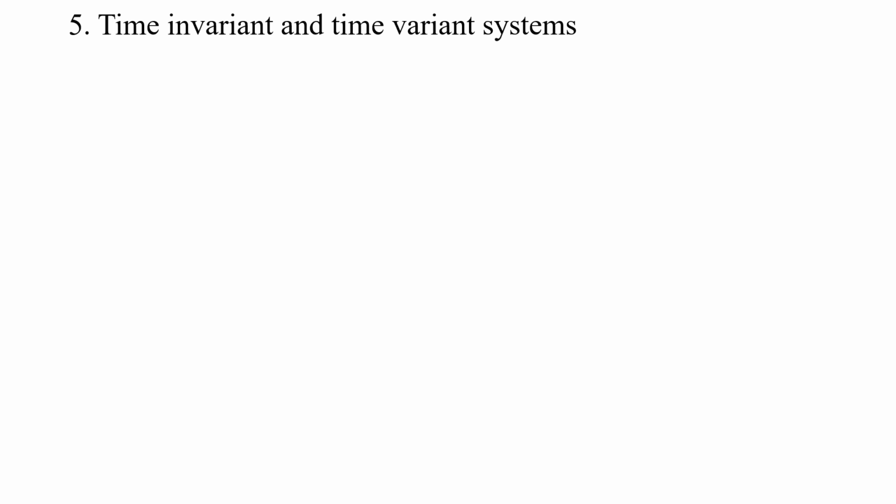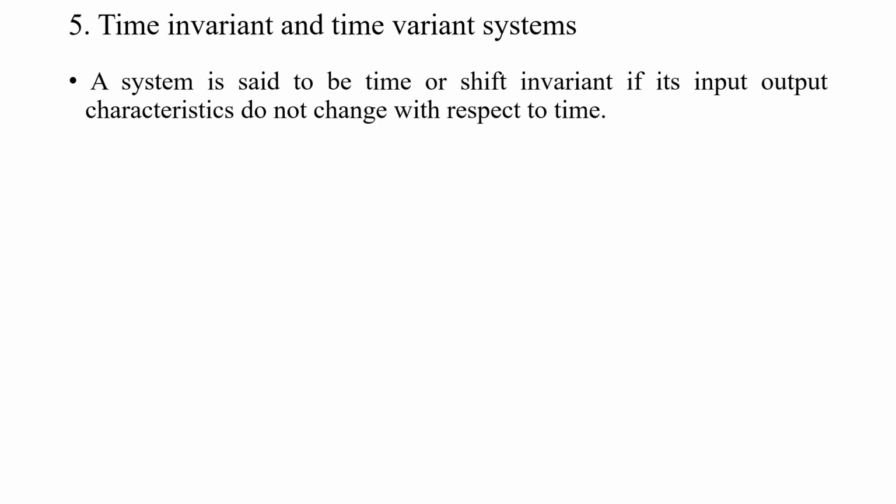So what is a time invariant system and what is a time variant system? A system is said to be time invariant, or shift invariant, if its input output characteristics don't change with time. The name suggests that the output does not change with time.